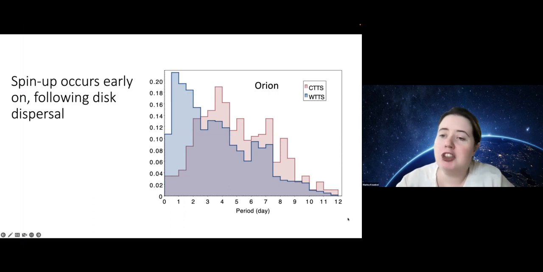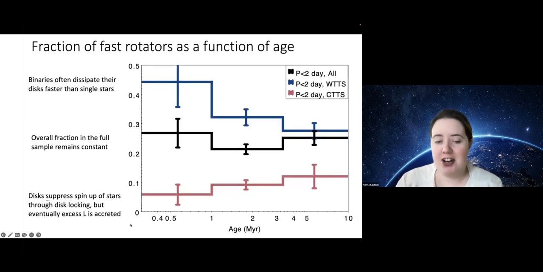On the other hand, as soon as these stars lose their disks, they happen to spin up. And if we were to look at their distribution as a function of age, looking at the fraction of stars with periods less than 2 days as a function of age, overall, if we were to take all of the stars in Orion, approximately a quarter of them are going to be rapid rotators, no matter which age spin you're looking at.